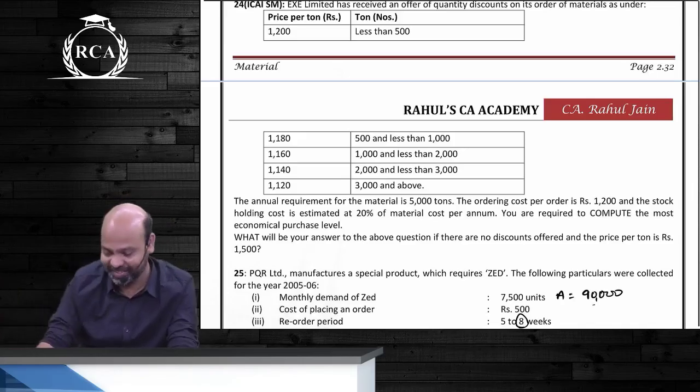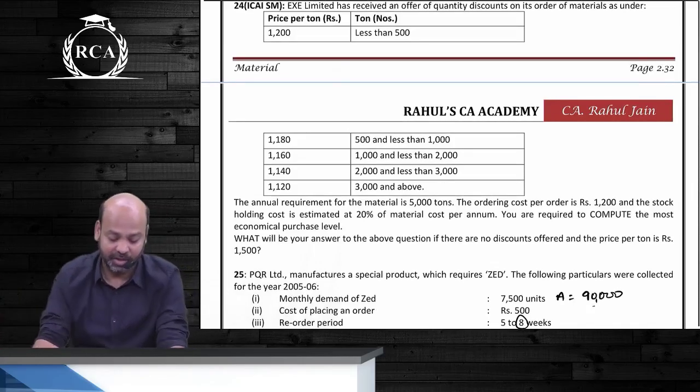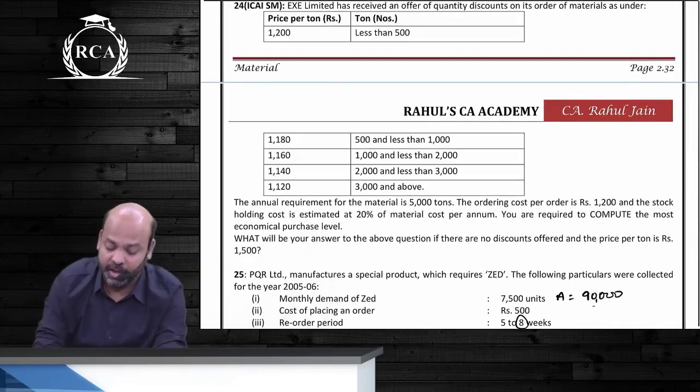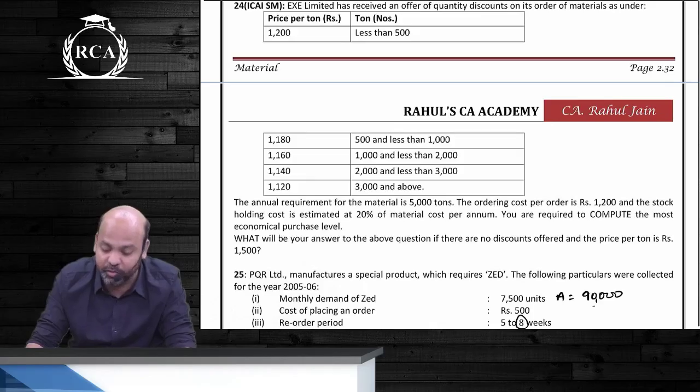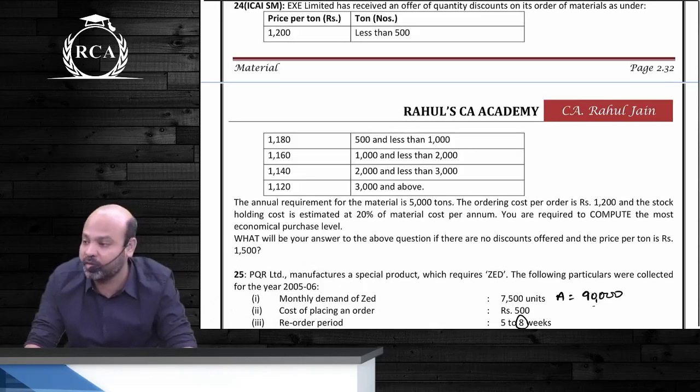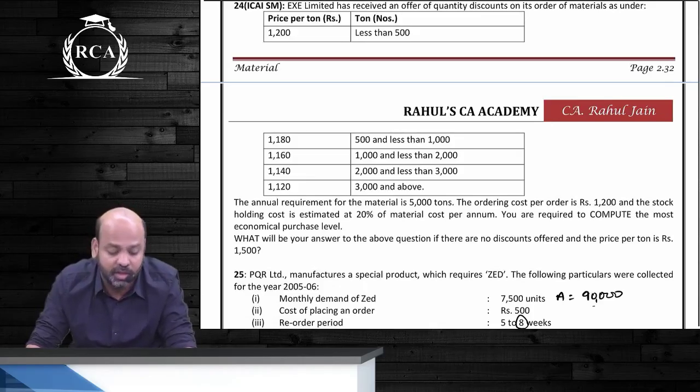Everyone has to solve. 24th question. X Limited has received an offer of quantity discounts on its order of materials as under. In case we order less than 500 tons, the price per ton will be 1200. In case we order from 500 to 1000, the price per ton will be 1180. More than 1000 and less than 2000, 1160, 1140, 1120.